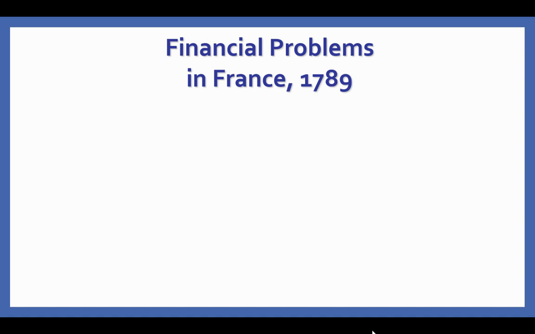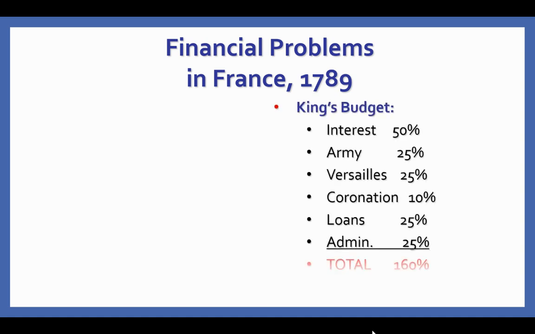To give you an idea, when you look at the king's budget, the king, being the government, 50% of his budget paid for the interest on loans for fighting the American Revolution and the 7 Years' War. 25% of that budget went to feeding and clothing and arming the army. 25% went to taking care of Versailles. 10% went to his own coronation.